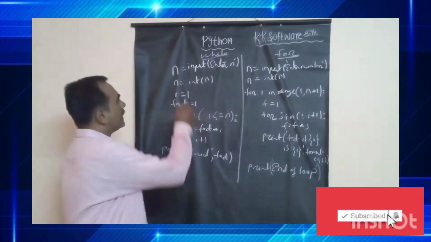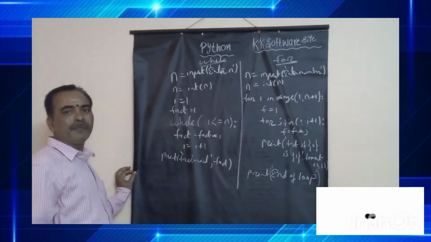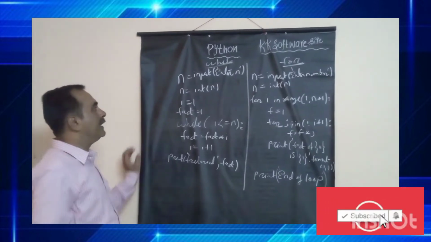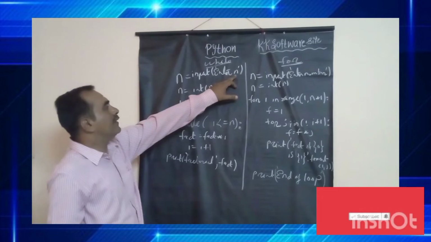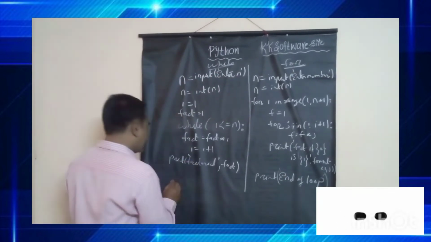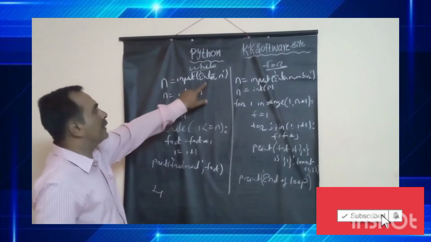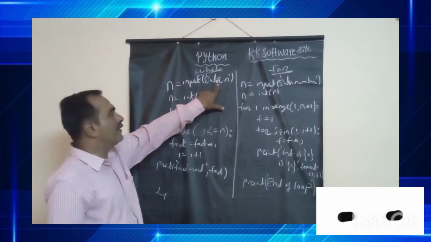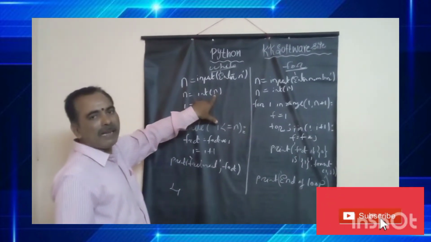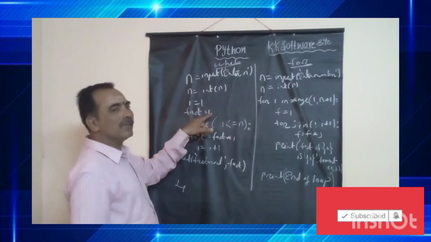So first one is the statement which we have discussed in the previous sessions, that is called the input statement, where n is equal to input enter n, whatever the n value which I have entered. Let us consider I have entered 4, n is equal to integer of n, because input enter n will take a string value, so it is converted to n as an integer. i is equal to 1, fact is equal to 1.